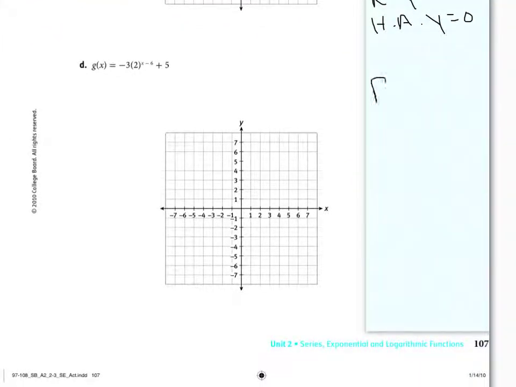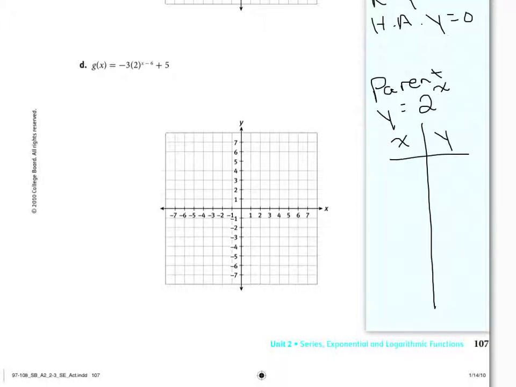Well, the parent is the simplest version. So the parent on this one is going to be y equals 2 to the x. Two to the negative 1 is going to give me 1/2. 2 to the 0 is 1. 2 to the 1 is 2, and 2 squared is 4.